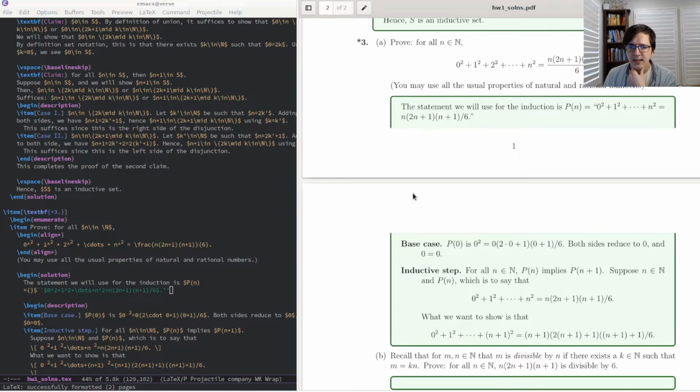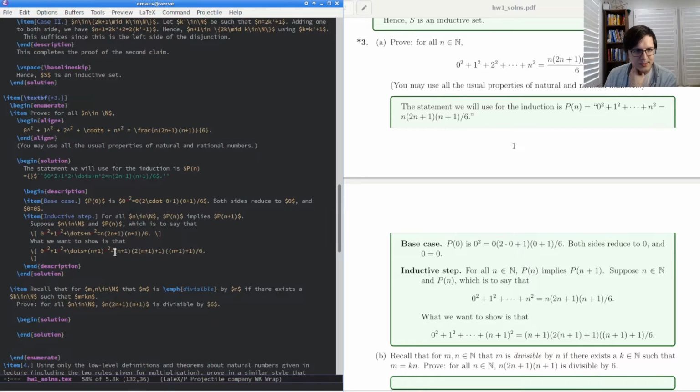Okay, so we've done the base case and the inductive step. So for all n, P of n implies P of n plus 1. Suppose P of n, which is to say that, and what we want to show is this. Since we're setting it off, we may as well use a fraction to hopefully make it look a little less of a mess.